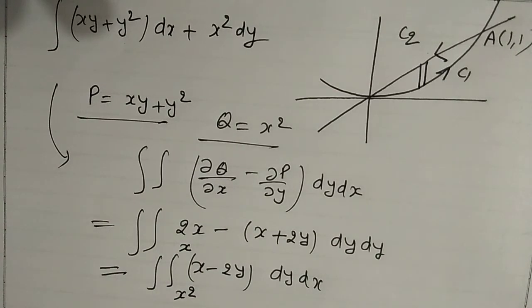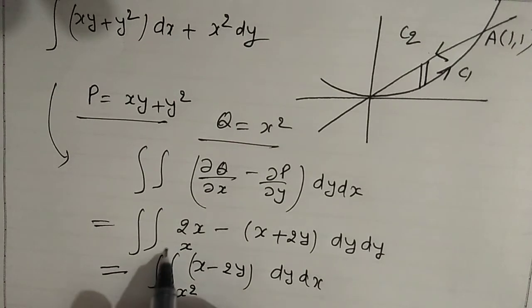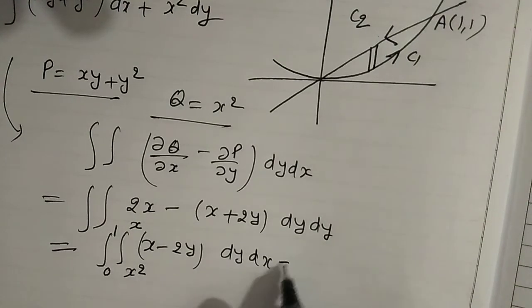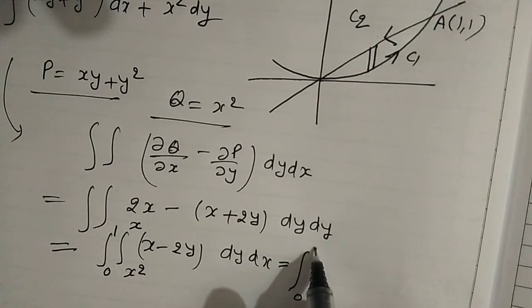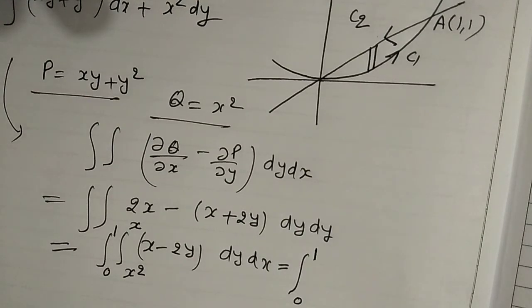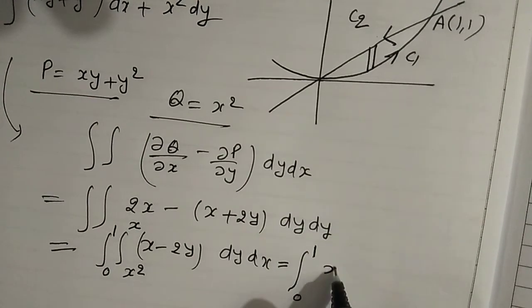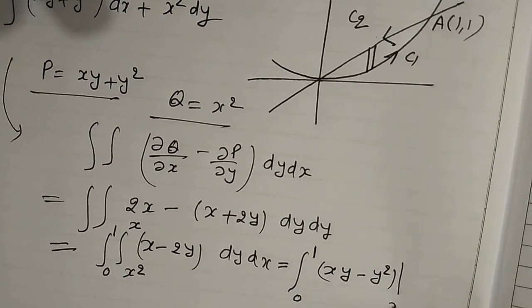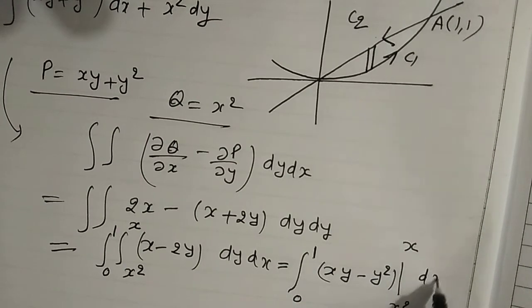So y goes from x square to x, and the x limit will be 0 to 1. If we integrate with respect to y, we get xy minus y square, with limit from x square to x, dx.